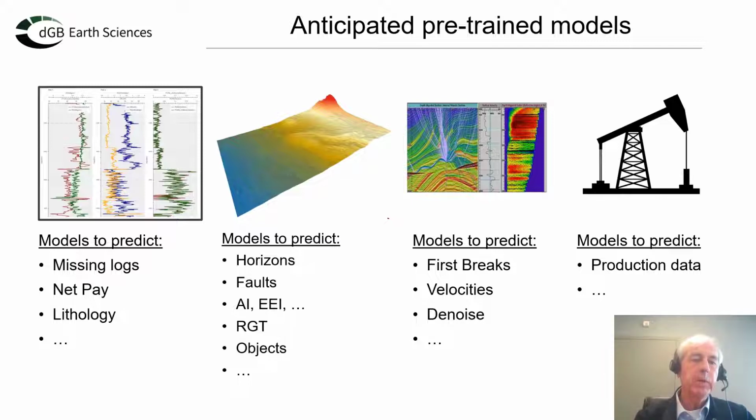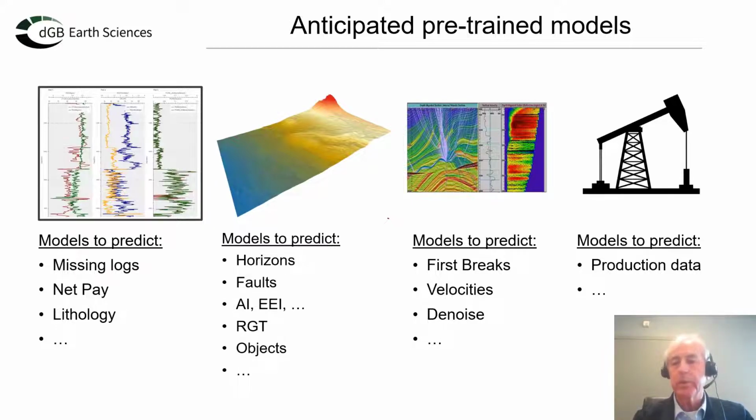So that means that we will have in the future a huge set of models that can be reused for a specific application. Maybe models that are just applicable for the Rotliegend or just for the North Sea, and some others might be applicable worldwide. So I see potential for well data type of applications.